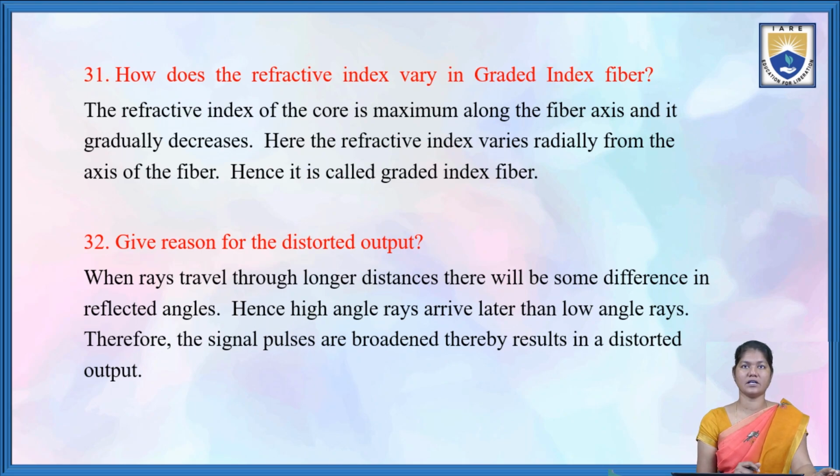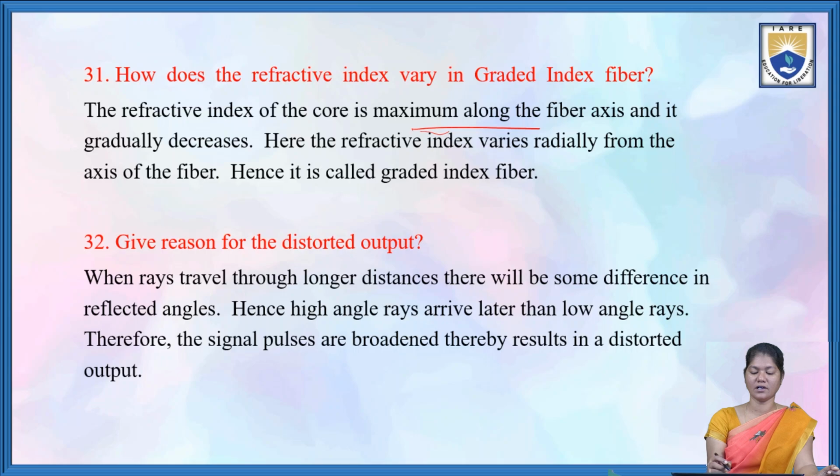How does the refractive index vary in graded index fiber? The refractive index of the core is maximum along the fiber axis and it gradually decreases. Here the refractive index varies radially from the axis of the fiber, hence it is called graded index fiber.